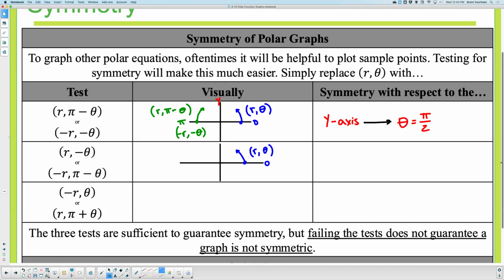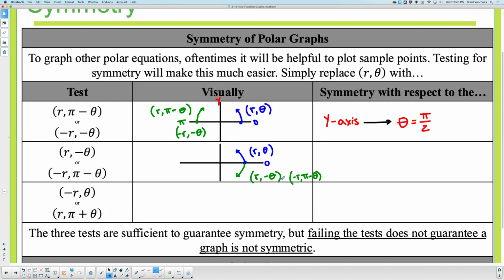So instead of starting there and moving that way, go this direction. This is when you have r comma negative theta, or, I'm running out of space, the same thing: negative r comma pi minus theta.